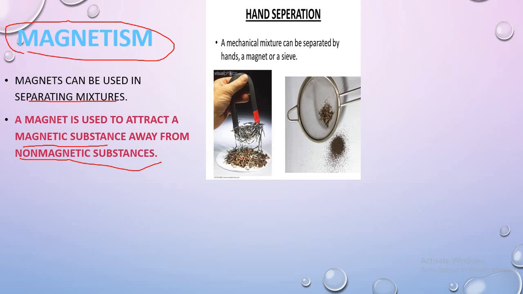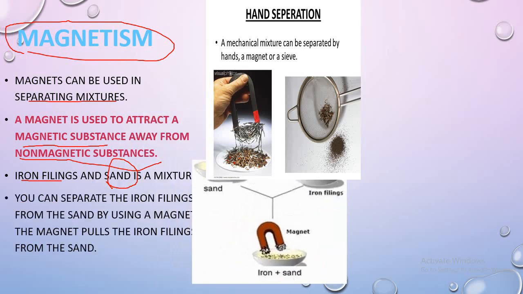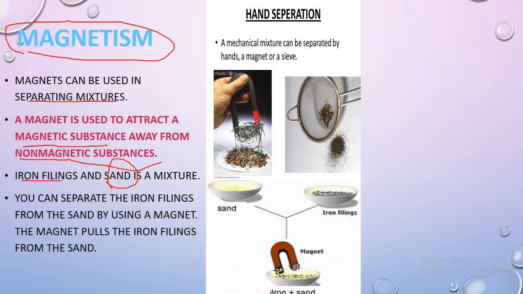So if I mix sand or wood with iron nails, I can attract the iron with a magnet to separate it from the wood. Iron filings and sand: if I mix iron filings with sand, this is a mixture.